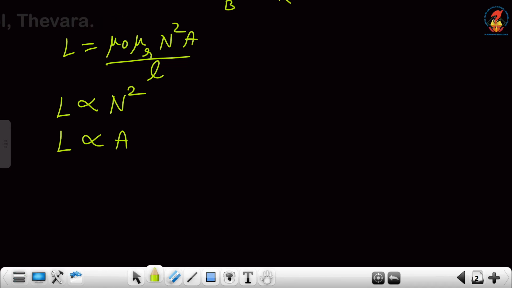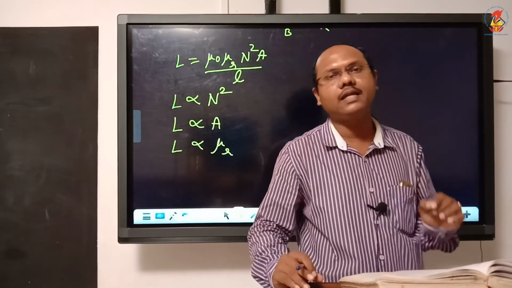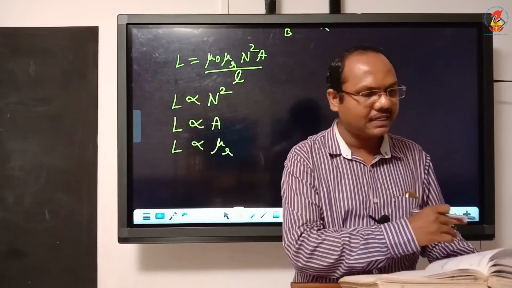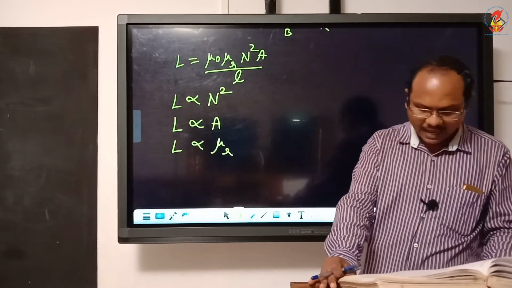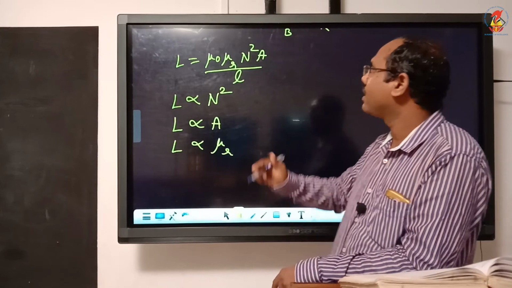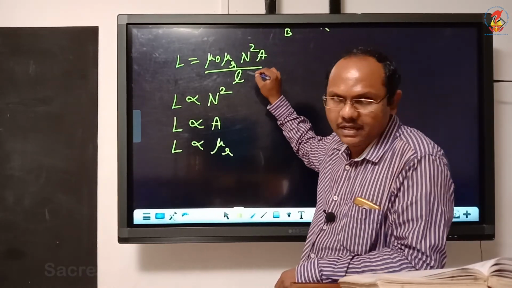And third factor, the self-inductance is directly proportional to the relative permeability of the core which is placed inside the solenoid.